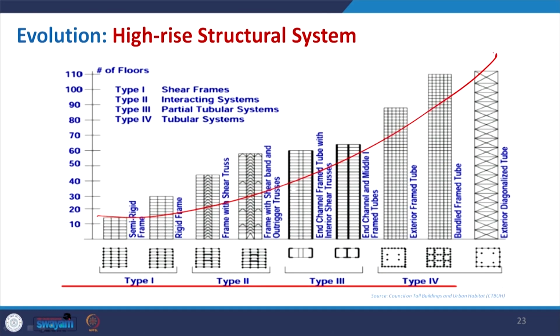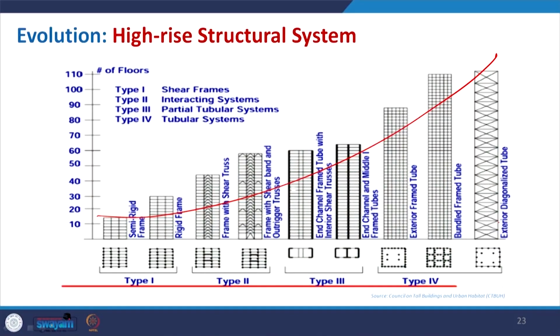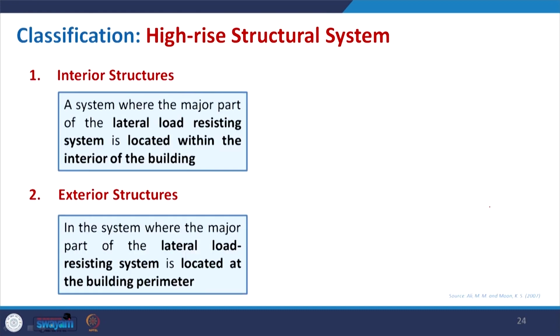For high-rise buildings, here is a typical floor. With a normal frame structure you can go up to 8 to 10 stories, whereas with a tube structure we can go up to 110 and even more. The tall buildings you see now, like the Burj Khalifa, are made of bundle tube, which we will discuss in detail as well.